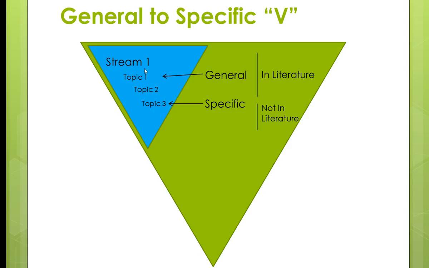You are the moderator of this conversation or panel discussion, if you will, and the various authors, as you go from within a stream, as you go from topic to topic to topic, they're going to have a conversation about these topics.